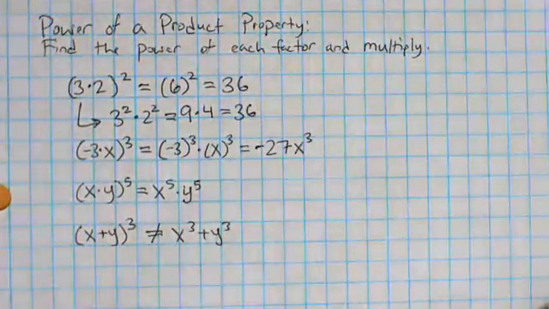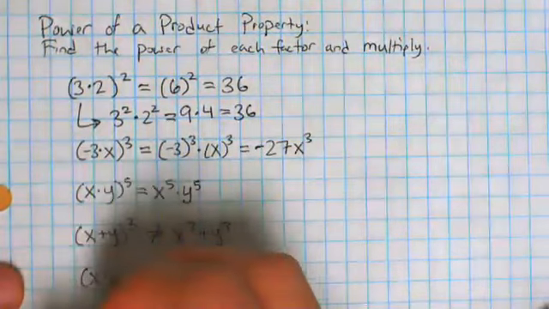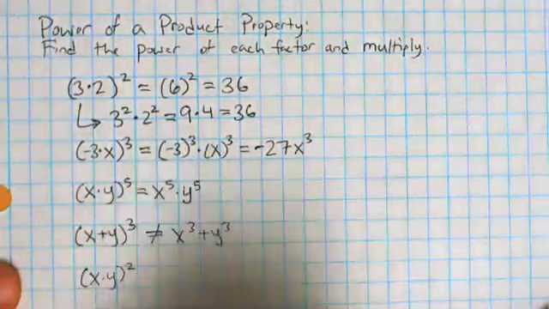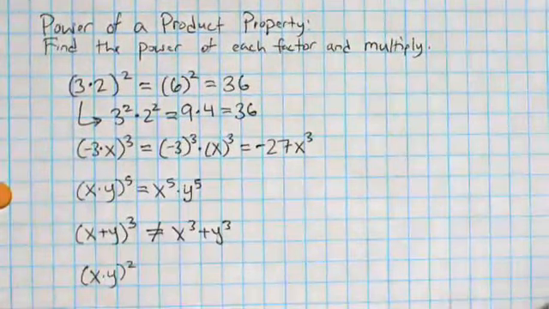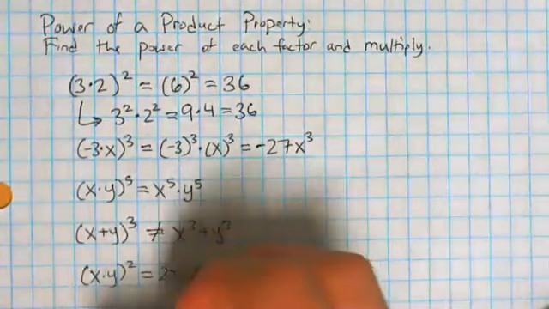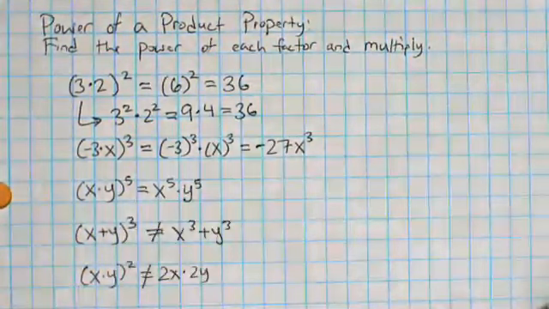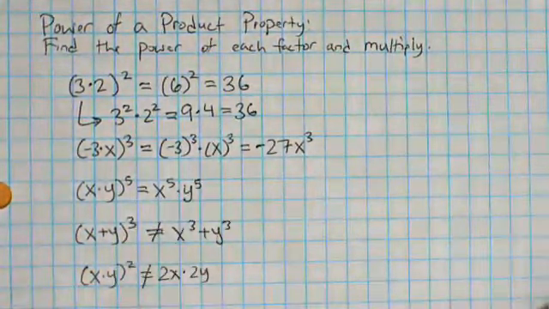The second thing I want to dissuade you from doing, and I'm sure you've already seen this as being a possible error, is if you have x times y, squared, do not take the exponent down and multiply so you end up with 2x times 2y. This is also not a true statement, although hopefully you've seen enough examples of this.